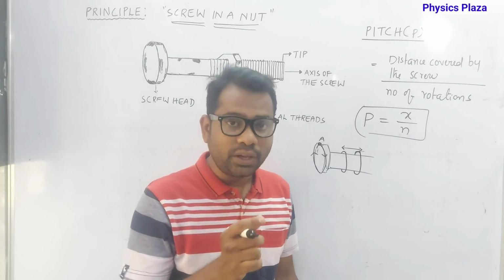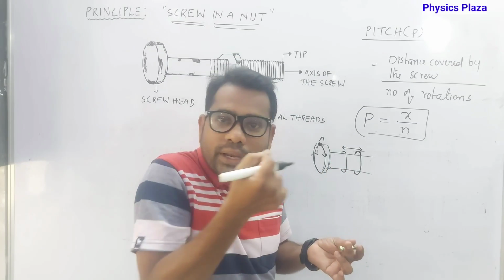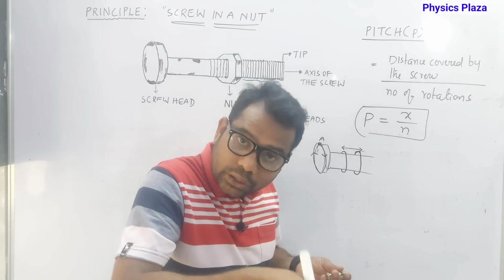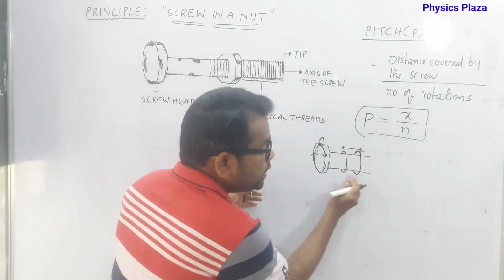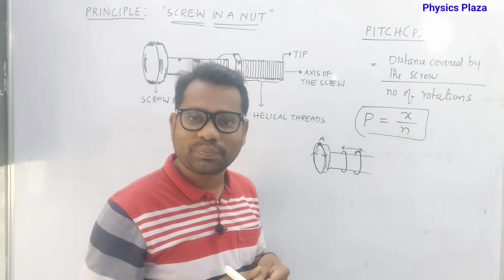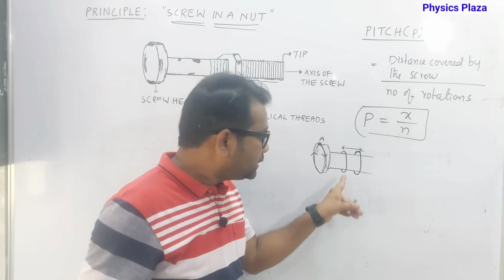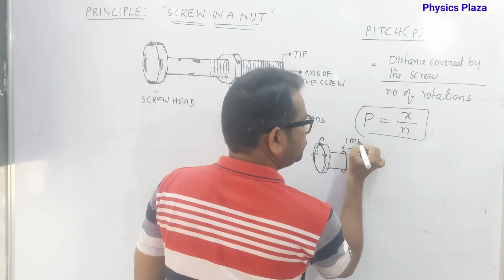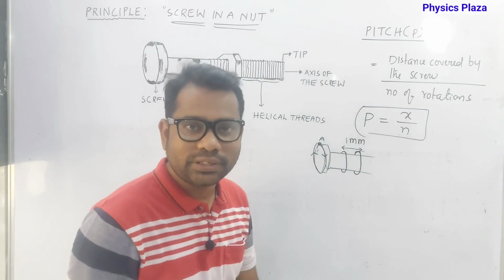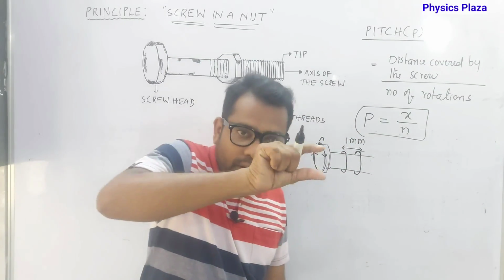Again, I'm telling you, if you make one complete rotation, the screw can cover a distance equal to the distance between these two successive threads. Children, usually the distance between two successive threads will be 1 millimeter. Try to understand, 1 millimeter.